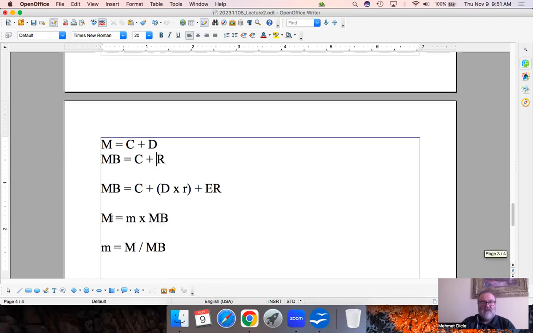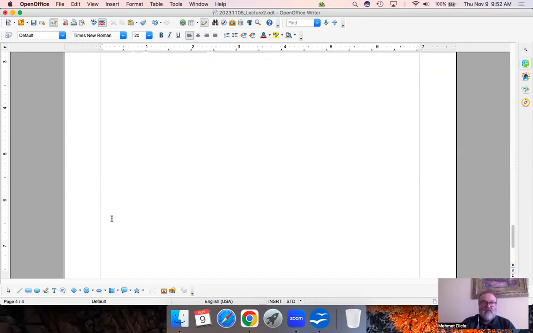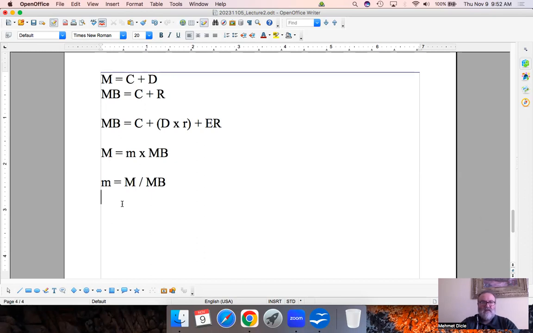And then we said that the money multiplier is the link between money and the monetary base. So the money multiplier is the money divided by the monetary base. So let's go ahead and continue with the derivation of the money multiplier.